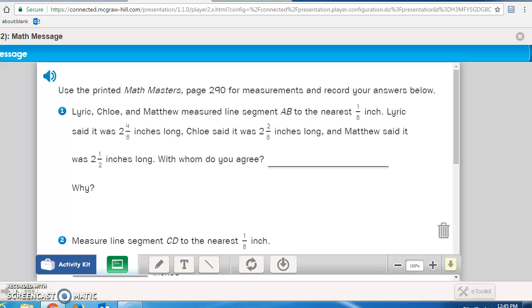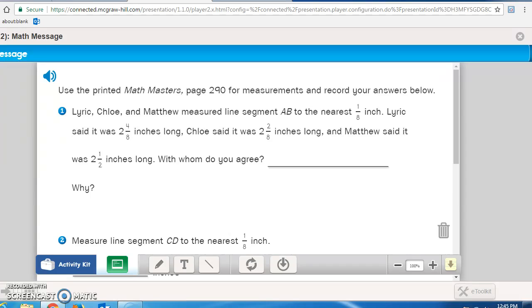You should have noticed that it is 2 4/8. So Chloe said 2 2/8, which is incorrect. Lyric chose 2 4/8, and Matthew chose 2 1/2, which is equivalent to 2 4/8. So both Lyric and Matthew are correct.